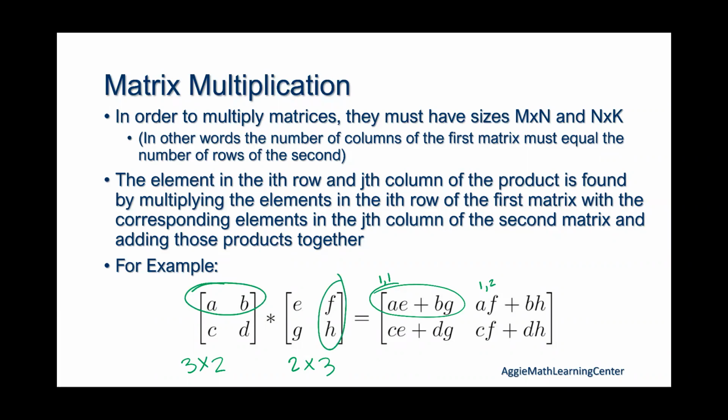So you take rows from the first matrix, columns from the second matrix, and then you just multiply those down. I think about rotating the column on its side, multiplying them and then adding them together. So you'll have your A times F, B times H. They come from that. It's kind of like wherever they intersect.